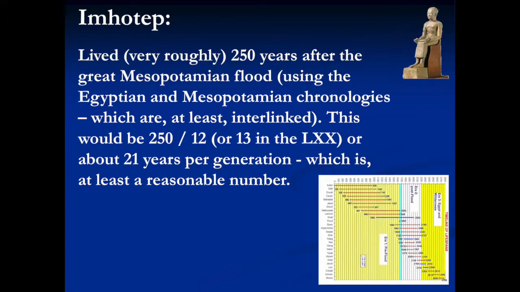They're so angry that they can't realize they're contradicting themselves when they say that it was a freshwater flood and it was mythical. Using the Egyptian and Mesopotamian chronologies, we get 250 years to separate those generations. You do a division, you get about 21 years per generation, which is at least a reasonable number. Whether or not it's the truth is a whole different issue.